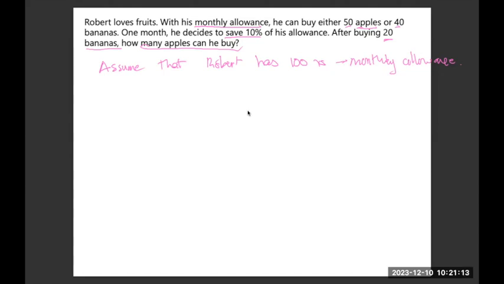Okay, let's do this. Now let's assume that Robert has 100 rupees. Now, this guy can either buy 50 apples with 100 rupees, which means the price of one apple will be 2 rupees.